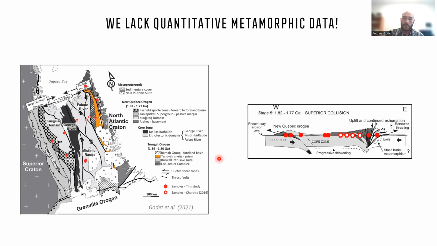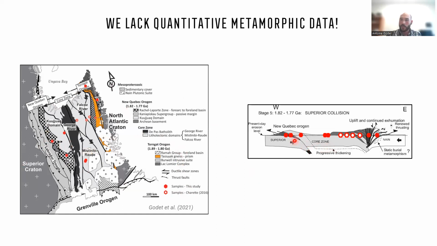So for that, and again in close collaboration with the Quebec Survey, we did extensive fieldwork, and we had access to the new database they built in the past 10 years. And so we decided to select specific samples from supracrustal units along a kind of transect from the Superior Craton towards the North Atlantic Craton. And this is what I'm going to present today.